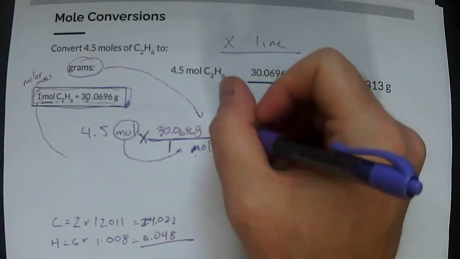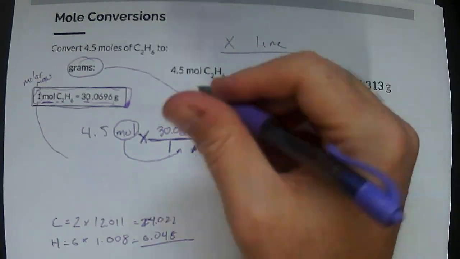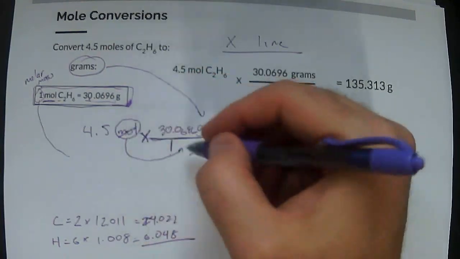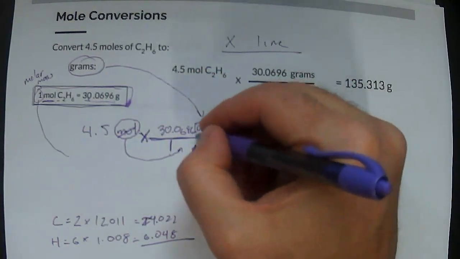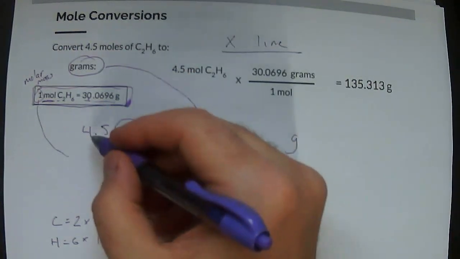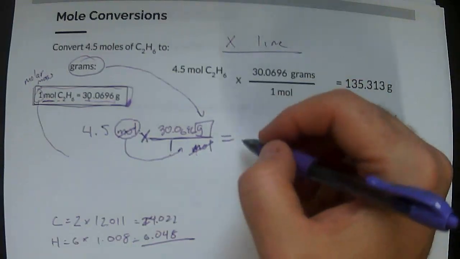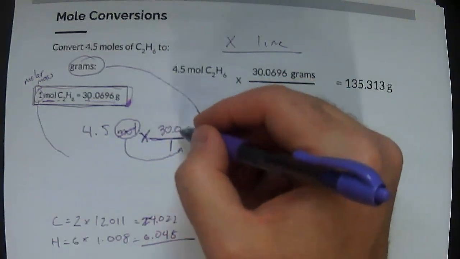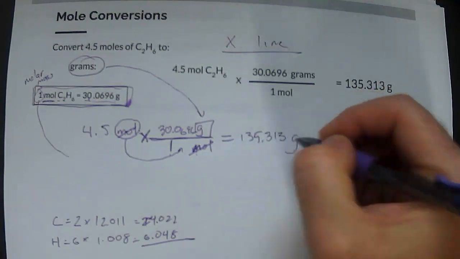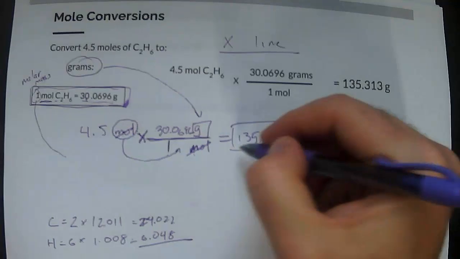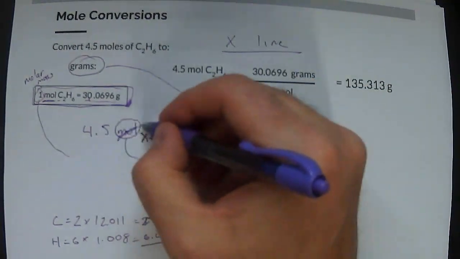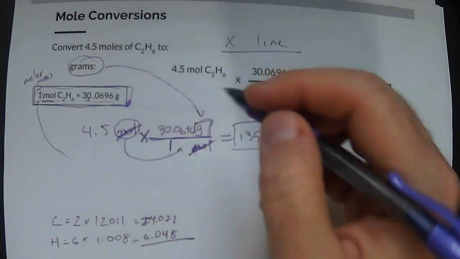And so when we do that, look, moles cancel because we have a number on the top and a number on the bottom, and the only unit we're left with is grams. And then we break out our calculator. 4.5 times 30.0696 is 135.313 grams. Not grams per mole, not mole, but grams, because we set this up to cancel out moles.